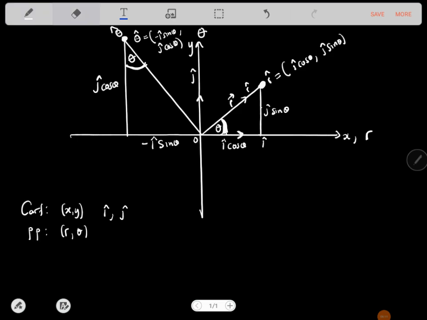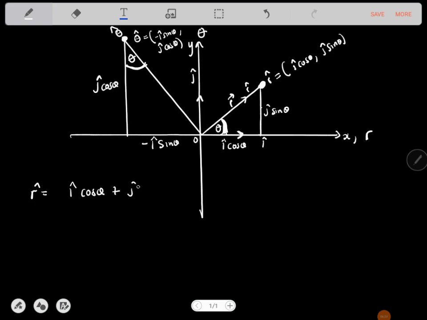Now, let us write these as normal coordinates. Summary: we have r hat equal to I hat cos theta, and because we're talking about the relationship, plus j hat sine theta. So this is the magnitude of r and the magnitude of I and j, the relationship which they share.